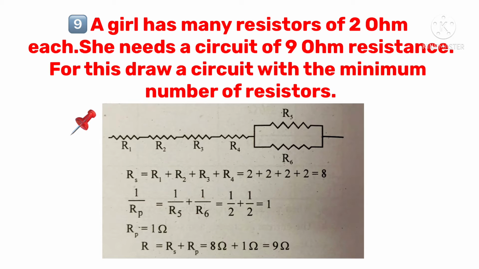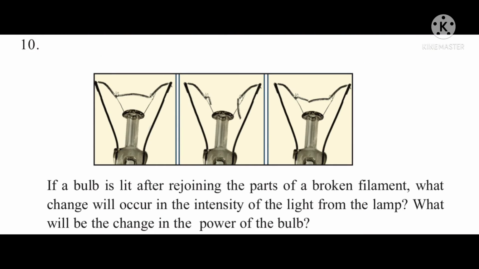Therefore, the resistance of the resistors connected in parallel is equal to 1 ohm. So, the effective resistance R equal to Rs plus Rp, which is equal to 8 ohm plus 1 ohm is equal to 9 ohm. So, we get a circuit of 9 ohm resistance.